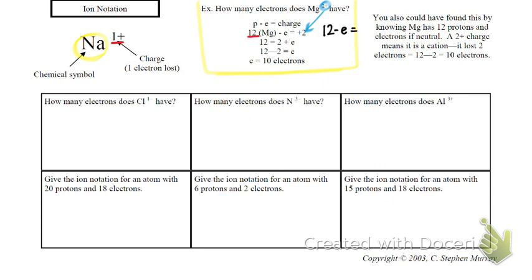Okay, our 12 protons minus the electrons made a +2 charge. So to get the electrons by itself, what would we need to do?